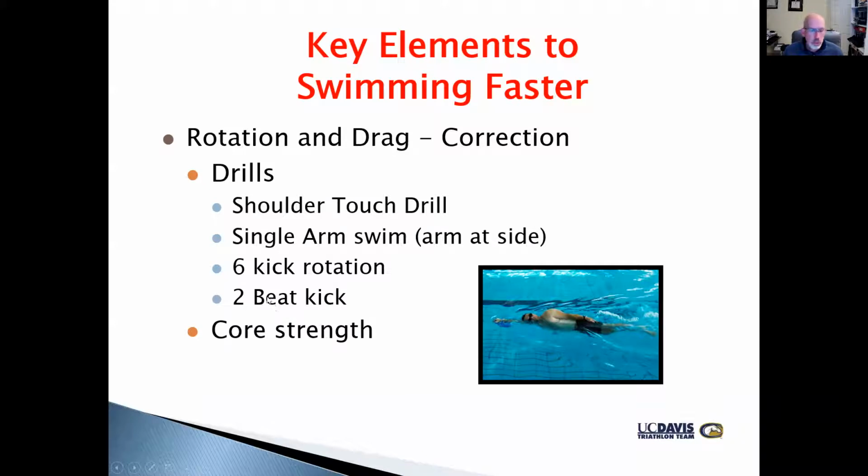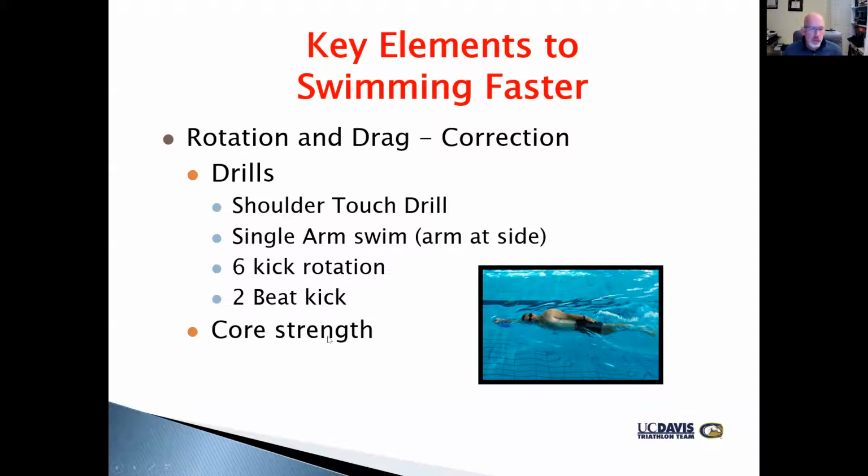A 2-beat kick is something that I haven't really talked about very much, but it's a rhythm and timing element that can slow down the kick enough to where you can focus on keeping it nice and tight and not feel like it has to be something that is causing you too much rotation issues. So that can be another way to deal with rotation drag.